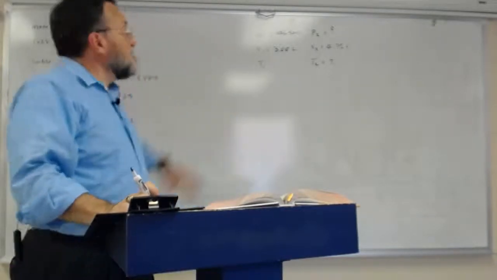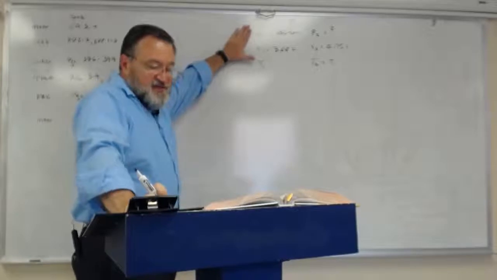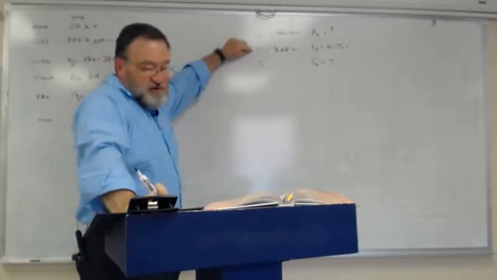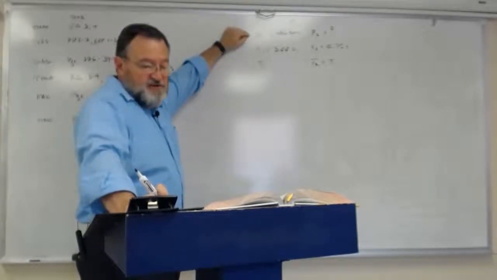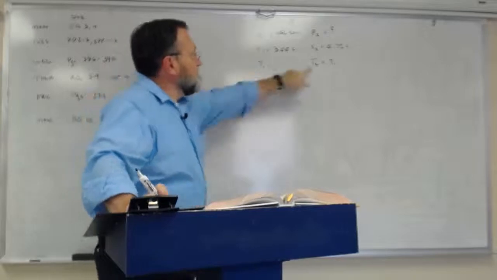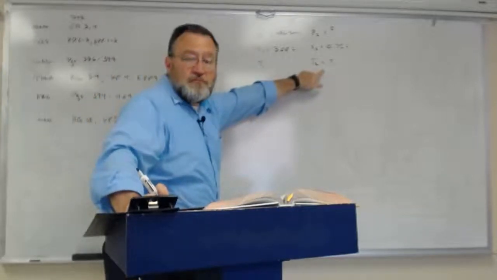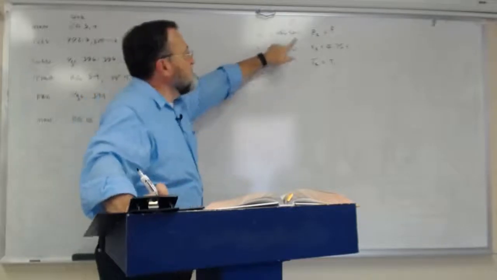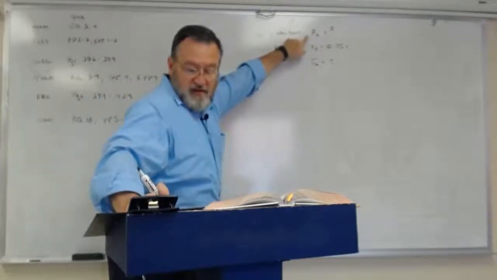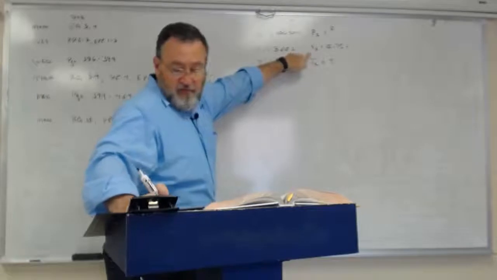Okay, let me read it again. A gas is stored in a 3-liter container at a pressure of 456 torr. If the temperature stays constant, T2 is equal to T1. What will the pressure of the gas be if the volume is decreased to 0.75 liters?